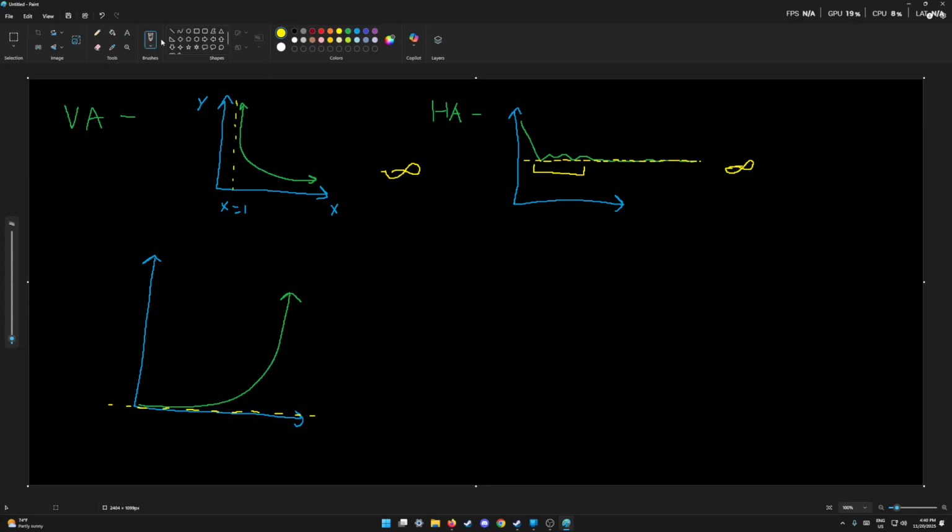So if I say f of x equals e to the x, which is a very common exponential function, you'll see it a ton. If I say that that's what this function represents, and e to this number is just a constant, it's kind of like pi.